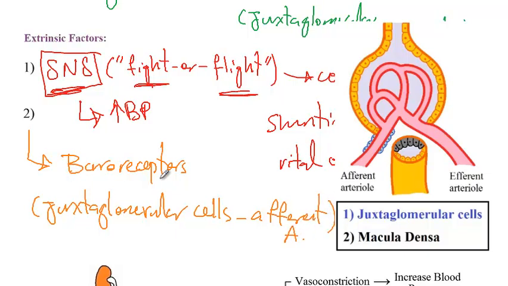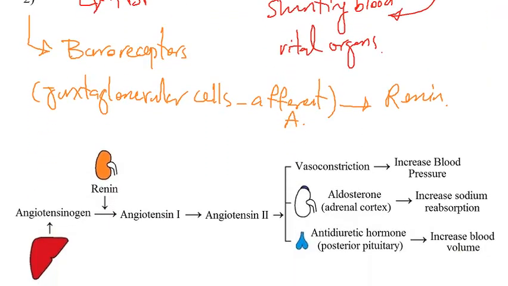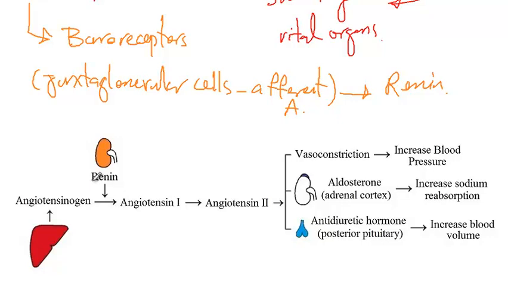The job of these cells is to detect a decrease in stretch, in other words, a decrease in blood pressure, as a consequence of which they release renin. Here I've shown you an image of what happens once renin is released. Renin converts angiotensinogen, which has been secreted by the liver, to angiotensin 1. Then later on, angiotensin 1 converts to its active form, which is angiotensin 2.